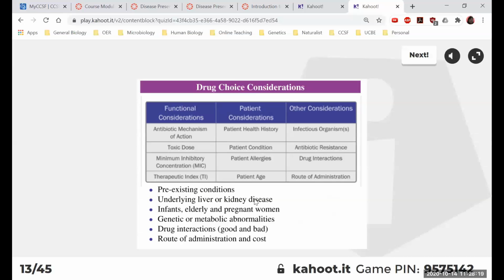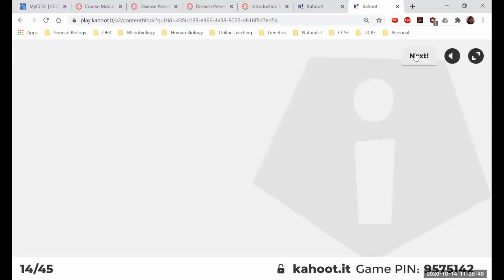Also the patient's age, whether they're pregnant, whether they have some kind of metabolic abnormality, and what other drugs they're taking, because drugs have a tendency to interact with each other. And of course, there's how you administer the drug and the cost of the drug.